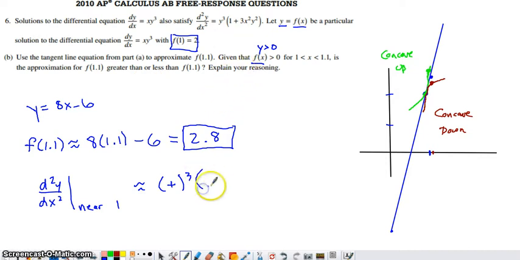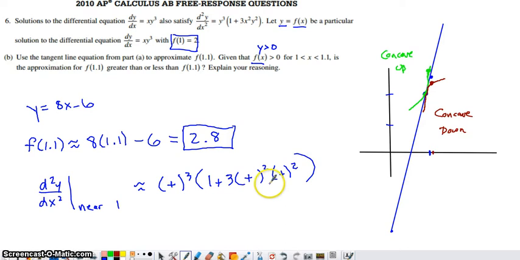What about the rest of this stuff? Well, 1 plus 3 times... I'm evaluating the second derivative at values near 1 and ranging between 1 and 1.1 essentially. If x is between 1 and 1.1, x is positive. I'm squaring that and it's staying positive. And we just said a minute ago y is positive.